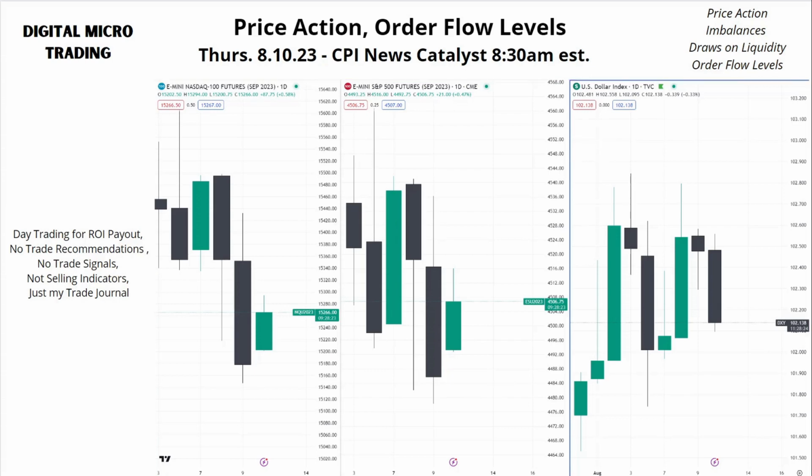So we'll see if the dollar stays at this level. I have no bias up or down on the dollar, but I use it as a gauge for how easy it's going to be for the equity indices to go either up or down, because it usually has an inverse relationship. Let's go to a smaller time frame next.